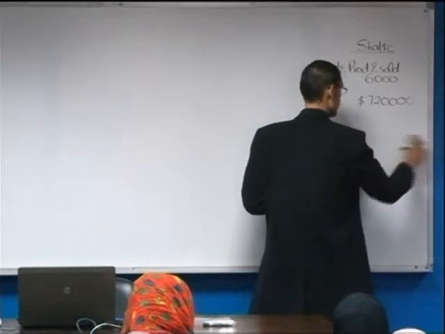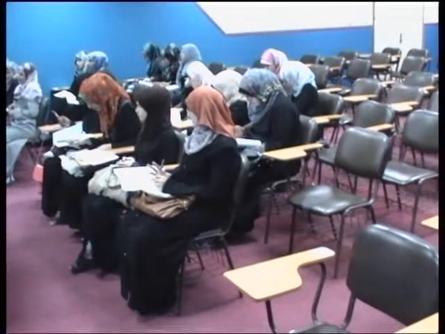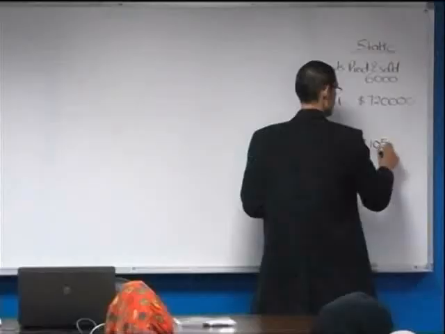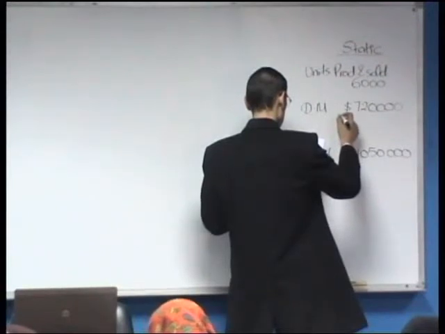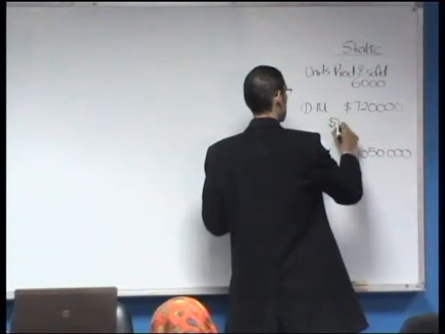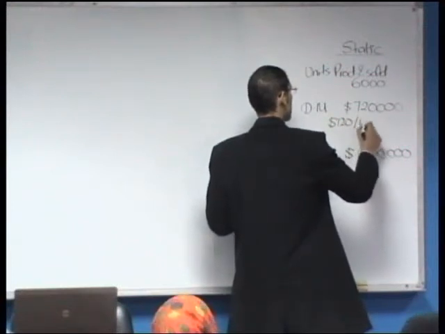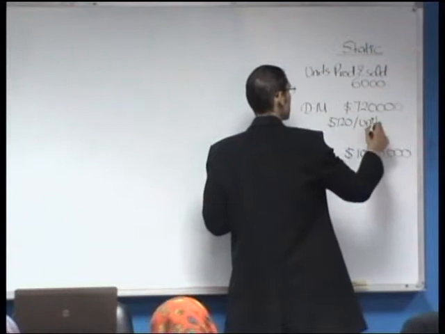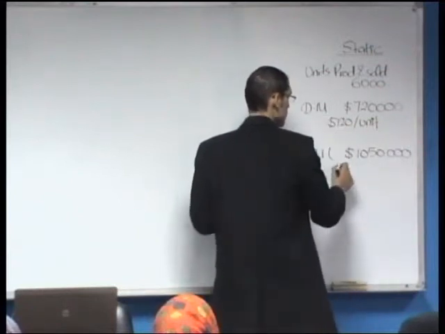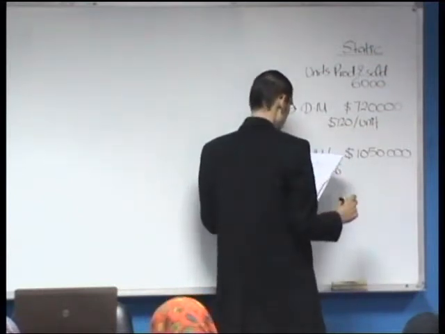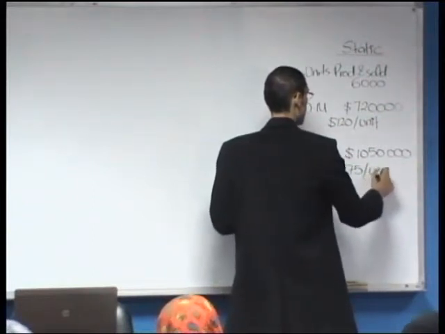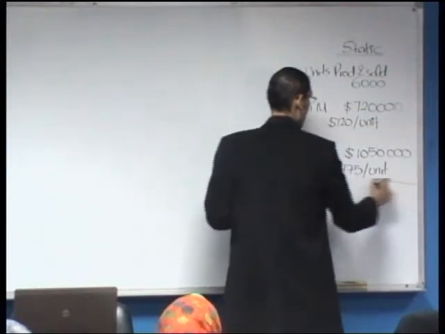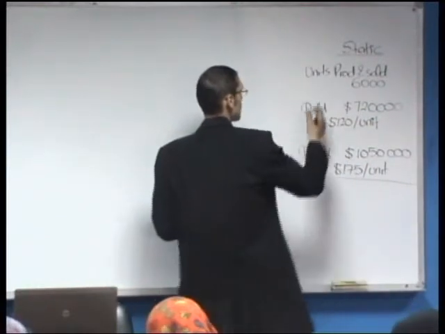Of course, according to the standard prices that they gave us, the direct materials would be $120 per unit. This is the standard cost of direct materials. And for the direct manufacturing labor, $175 per unit.